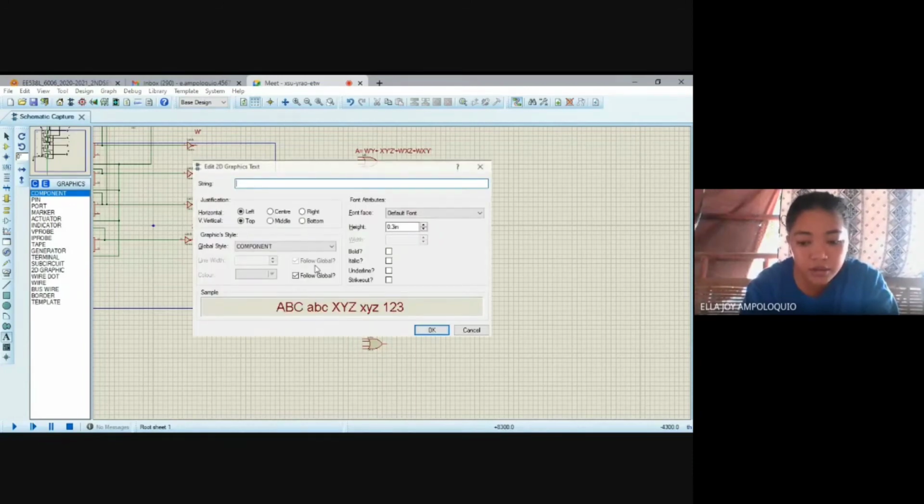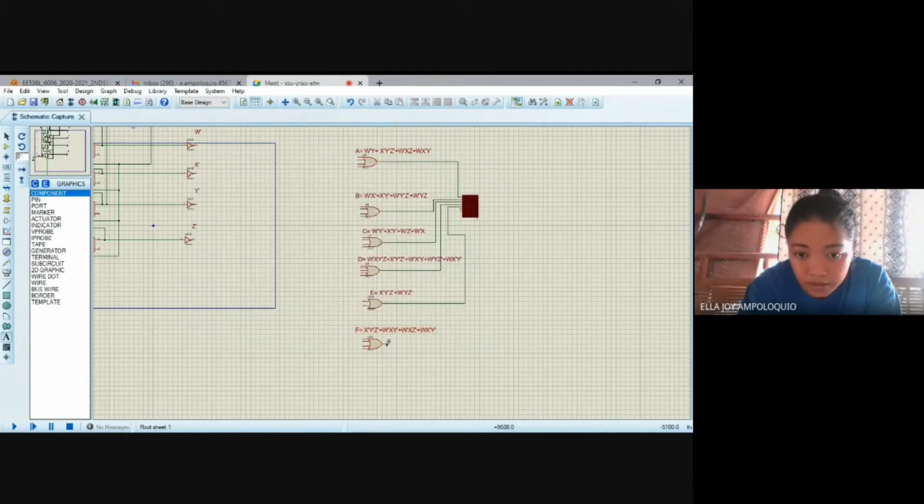We have letter F is equal to X prime Y prime Z prime plus W prime X Y prime plus W prime X Z prime plus W X prime Y prime. So let's connect it here.